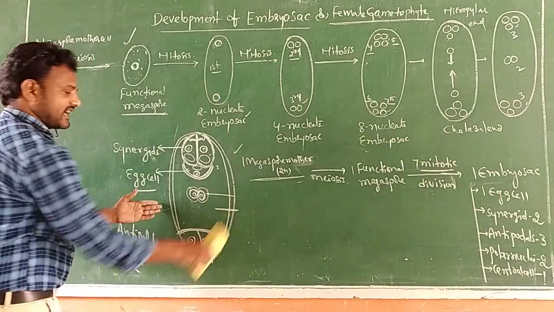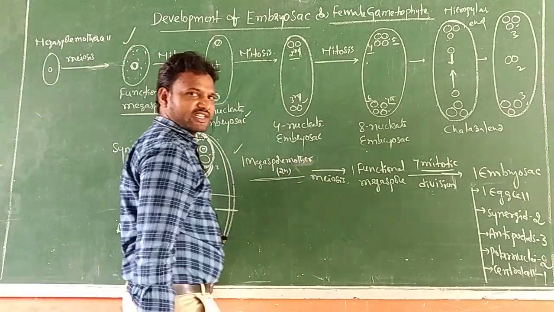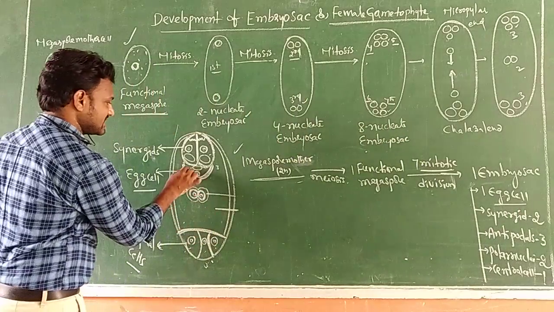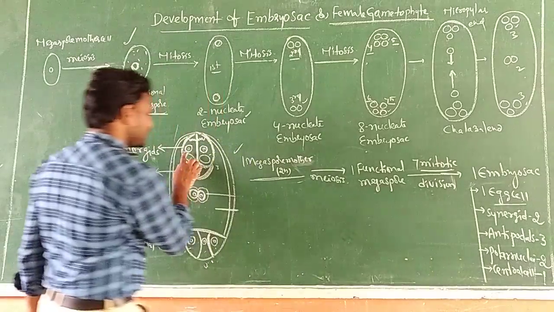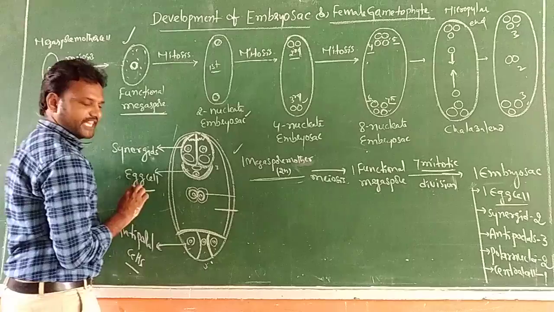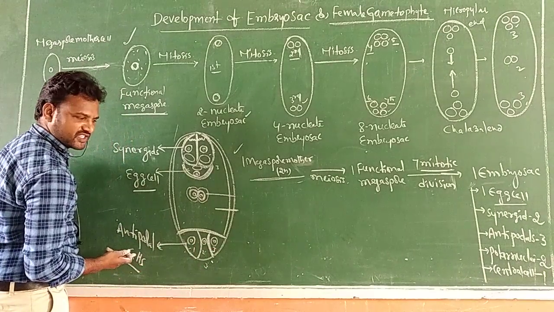This is an embryo sac. Within an embryo sac, which parts are there and what is their number? First, only 1 egg cell is there. This is the egg cell. How many synergids? 2 synergids. Next, how many antipodal cells? 1, 2, 3. 3 antipodal cells.